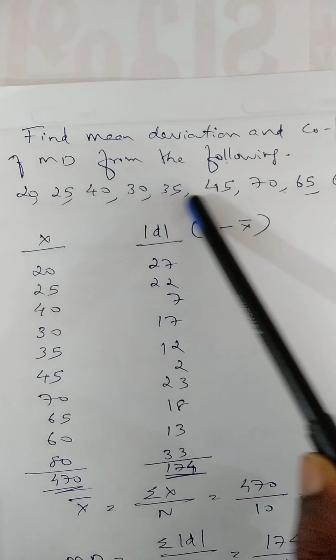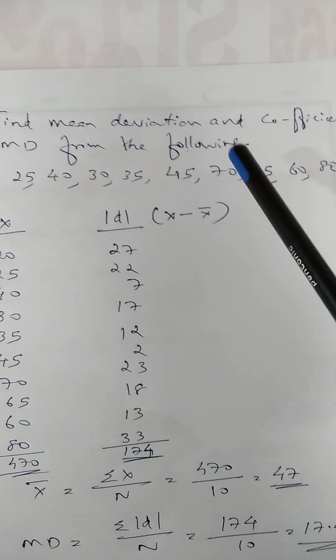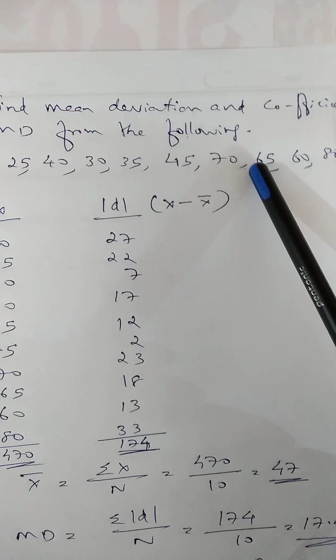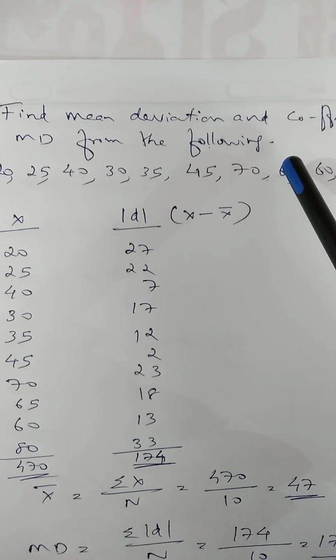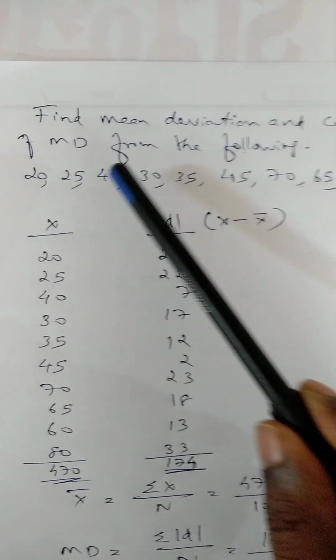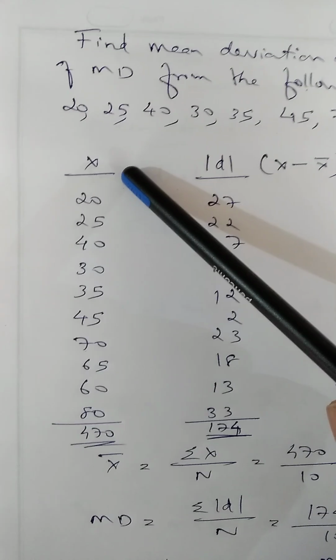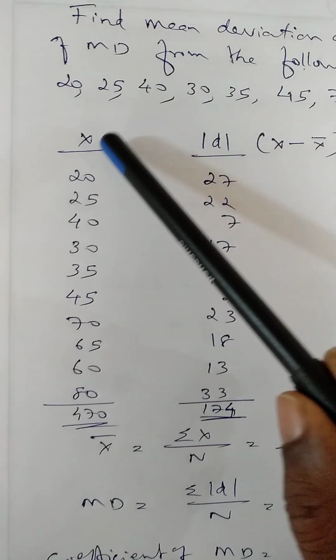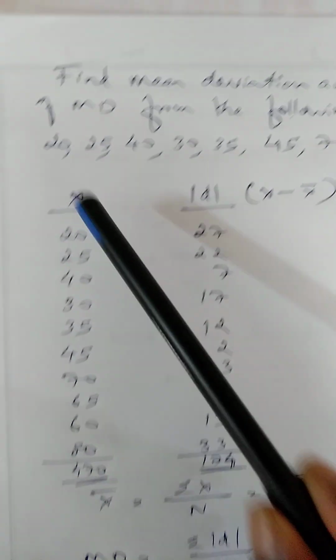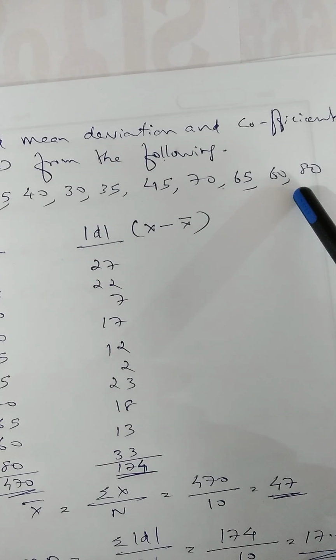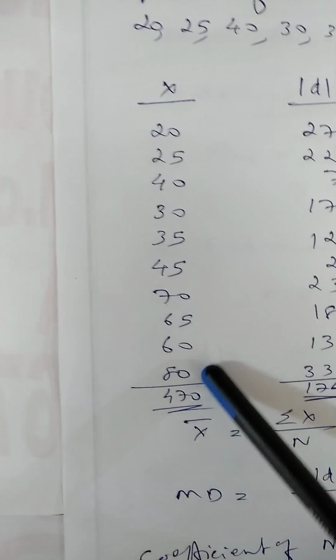This is the question. From this question, now we are going to find out a mean deviation. At first, these variables are written here as x variables, in a column, the x column.